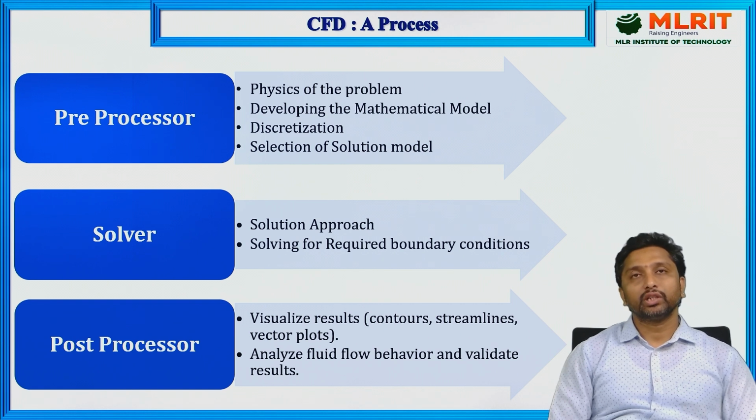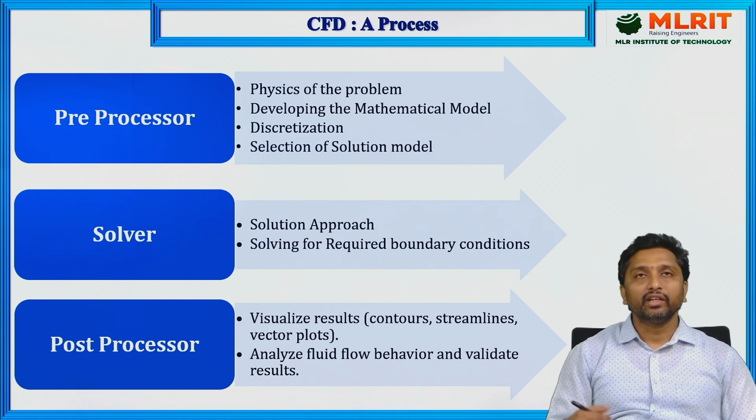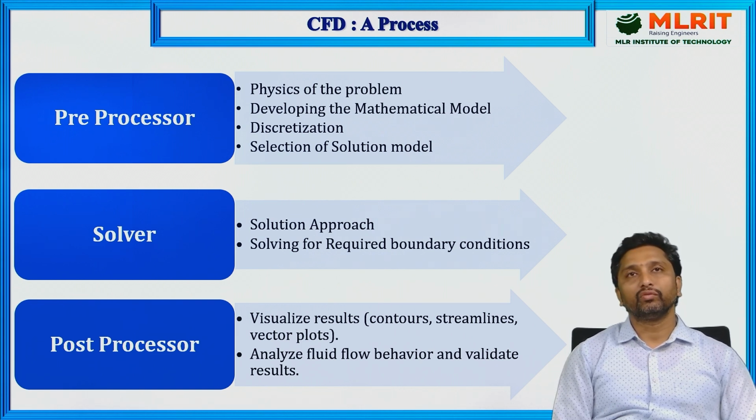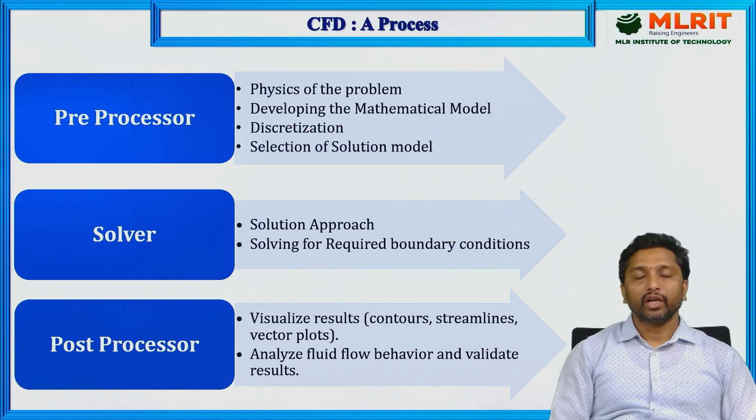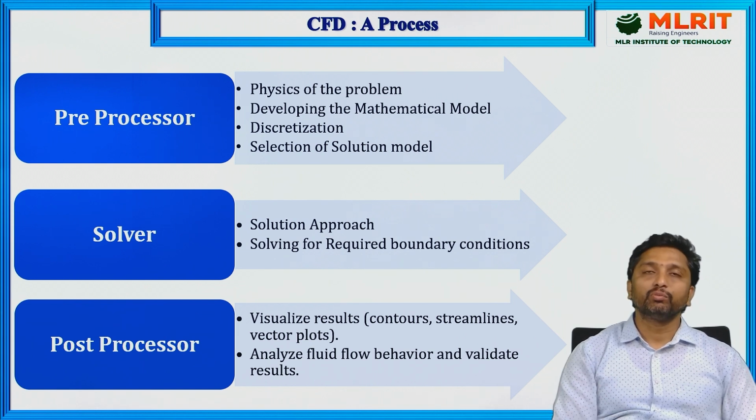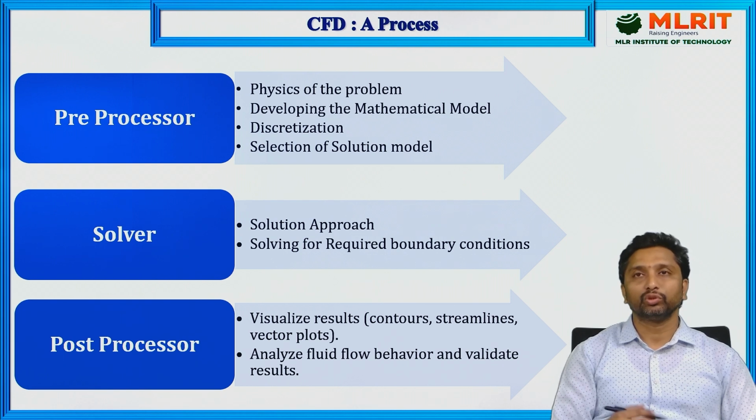So understanding the physics of the problem is very important, wherein you can neglect certain terms or parameters which have least influence on the behavior of the flow. At the same time, if we understand the problem, then only we can develop the boundary conditions for that. Based on the boundary conditions, the solution will proceed.